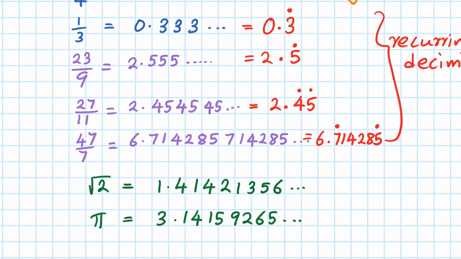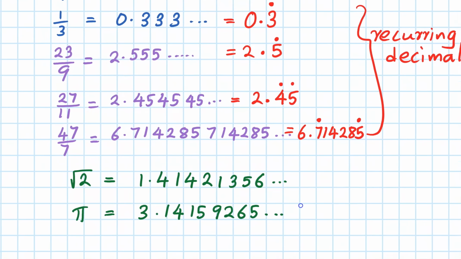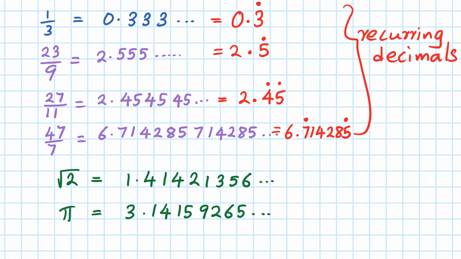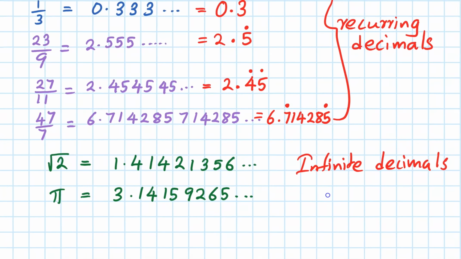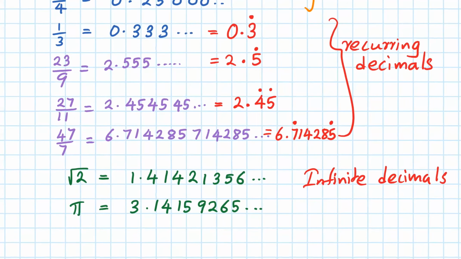Therefore, we call these infinite decimals. Simply because they don't have a block that repeats where we can put it as a recurring decimal. So it is not a recurring decimal.